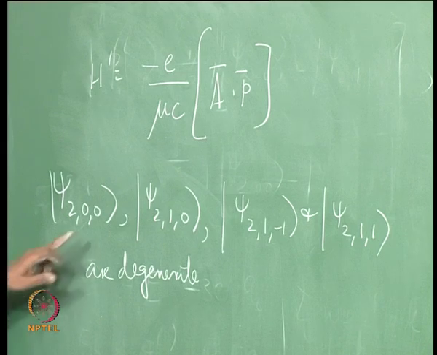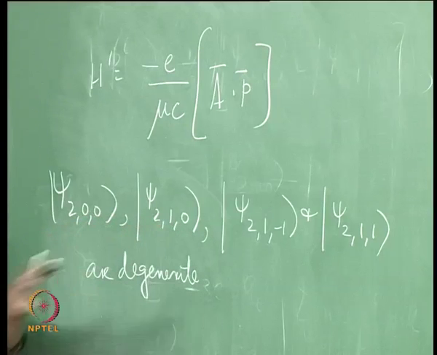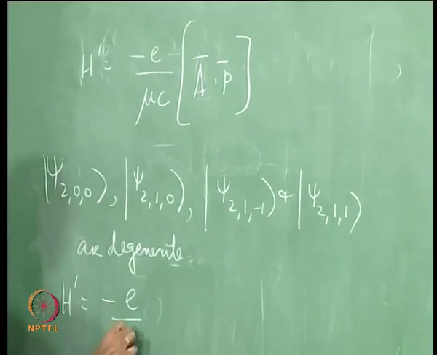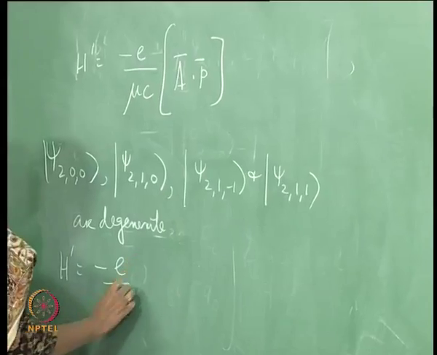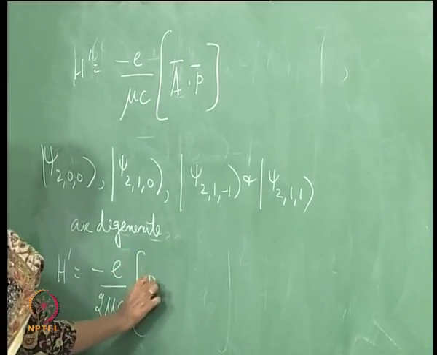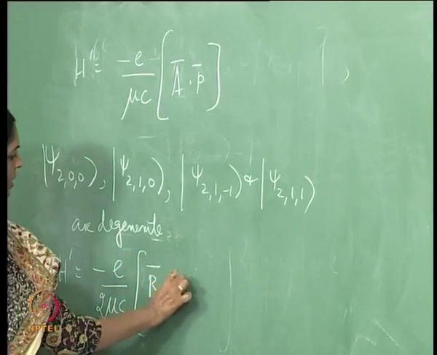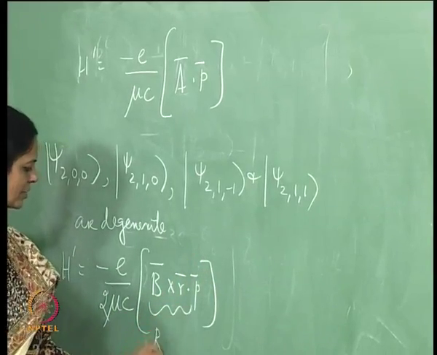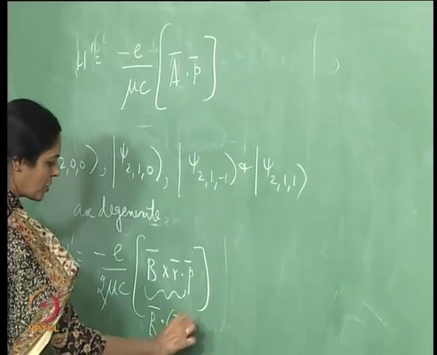The idea is to use the fact that their L and m values are different and see what we can get. So, let me substitute for A. It is minus e by mu c, A is a half B cross r dot p. I can just write this as B dot r cross p.